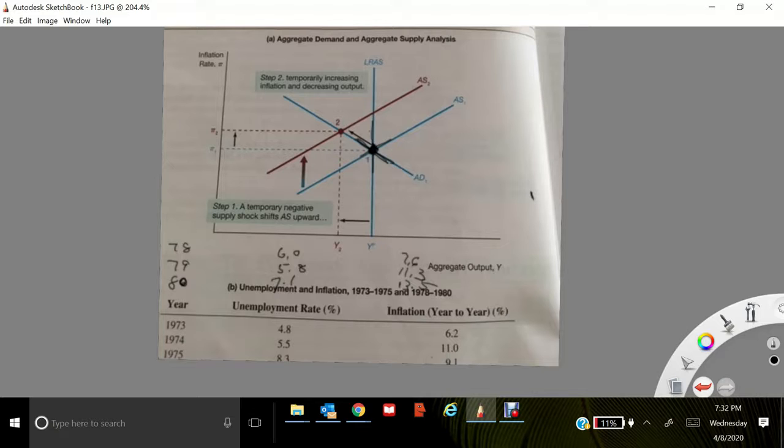So we start on point 1, here, look at the data, 1973, unemployment 4.8%, very nice. Inflation 6.2%, relatively mild.